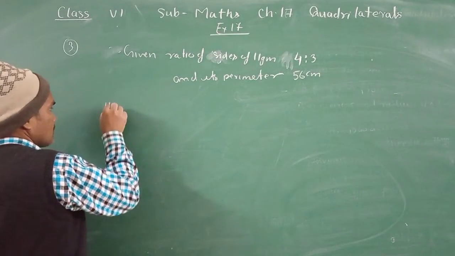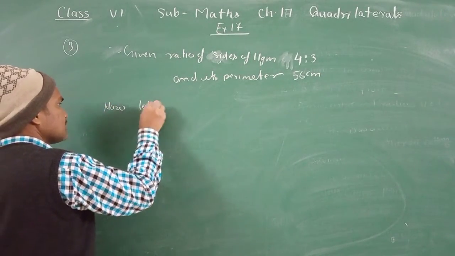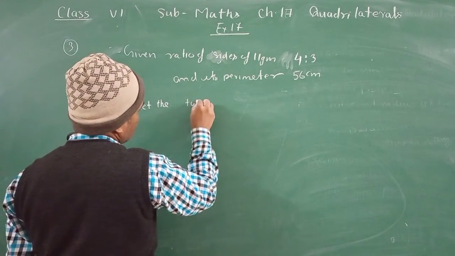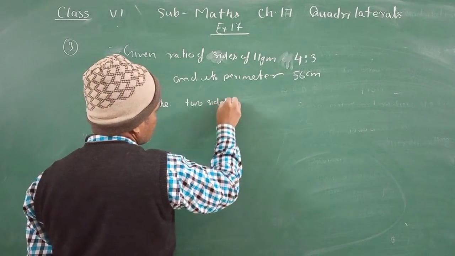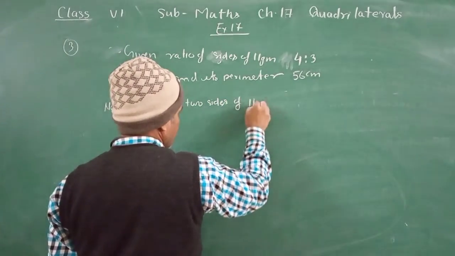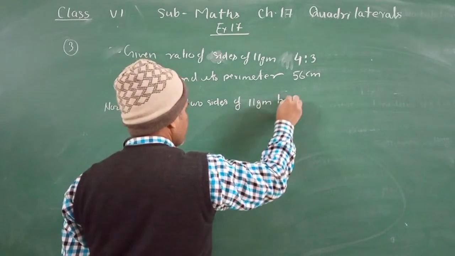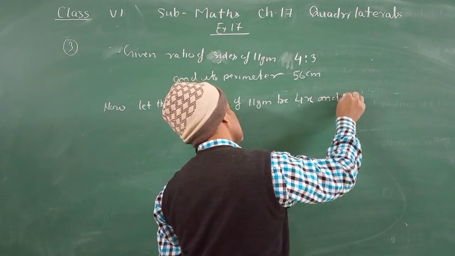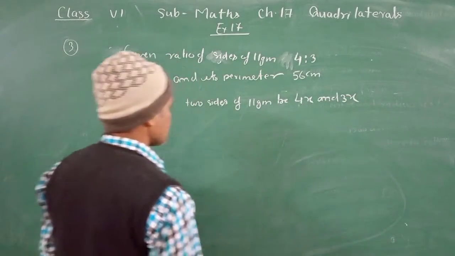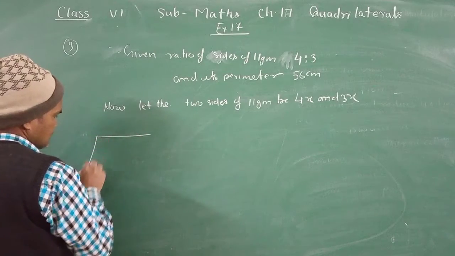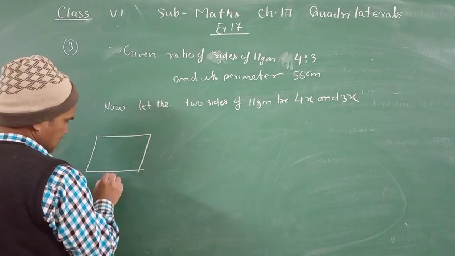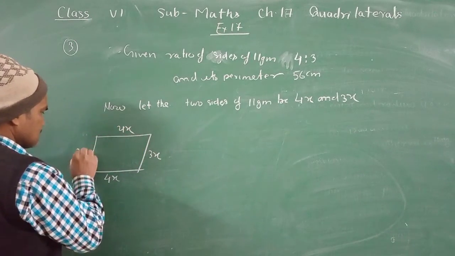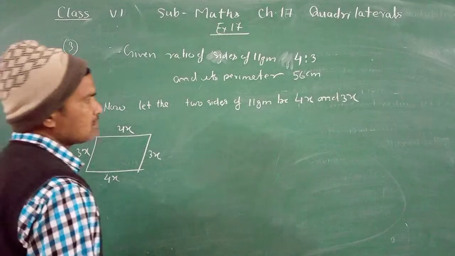Now let the two sides of the parallelogram be 4x and 3x. It is 4x, it is 3x, then it will also be 4x and 3x.